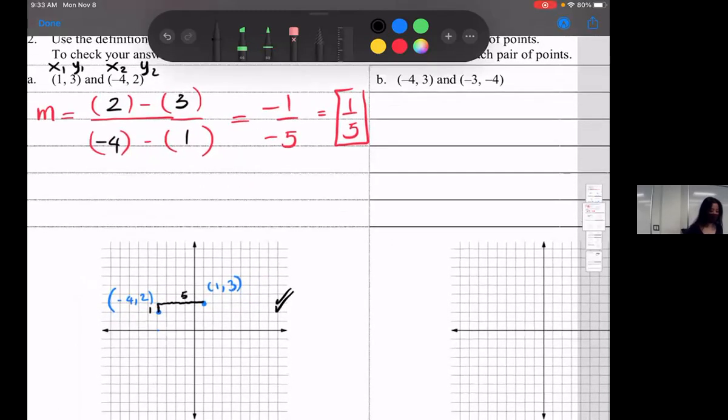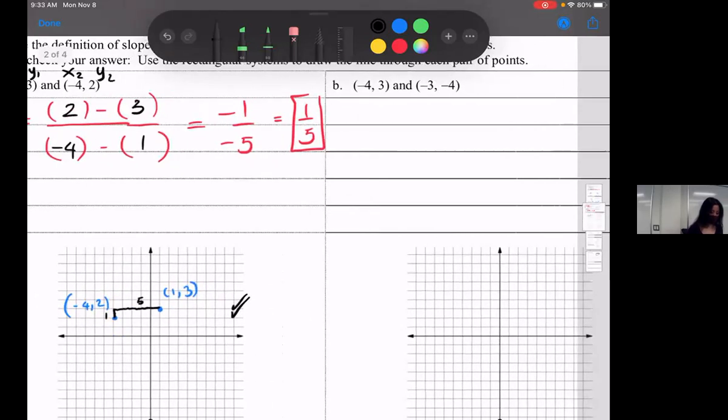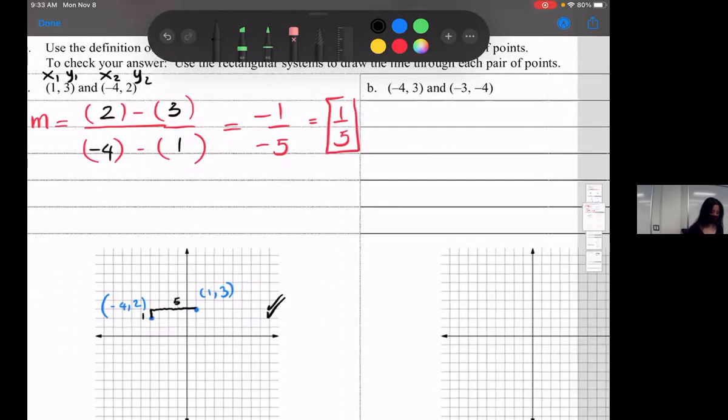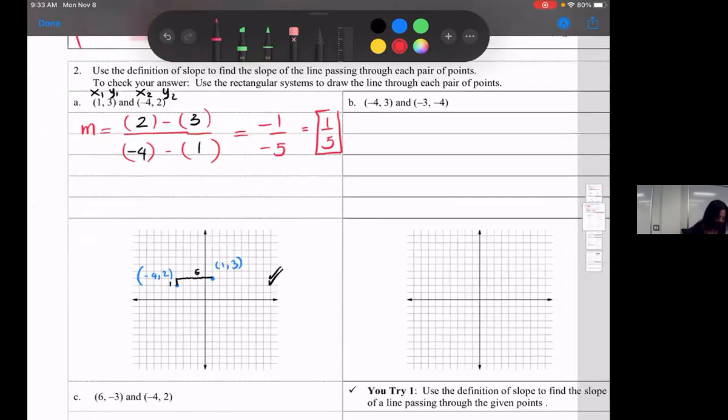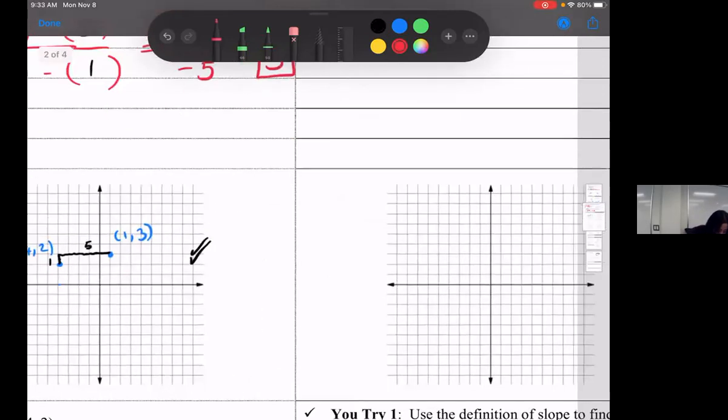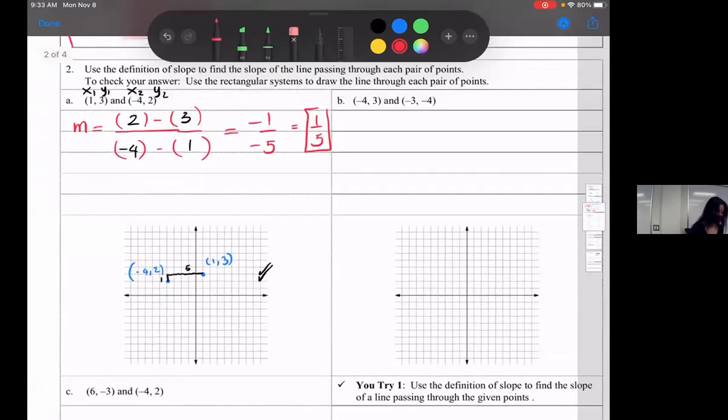-4, 3, and then -3, -4. Let me do the formula first. m equal parenthesis minus parenthesis divided by parenthesis minus parenthesis.